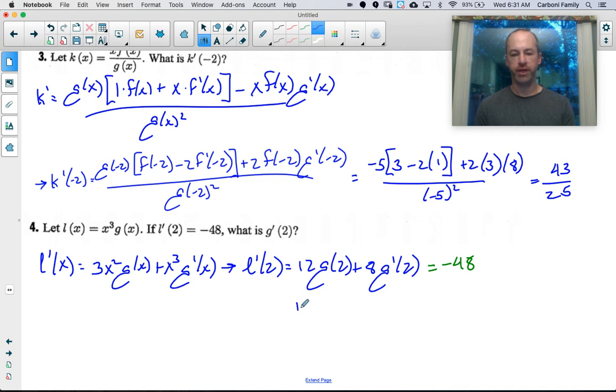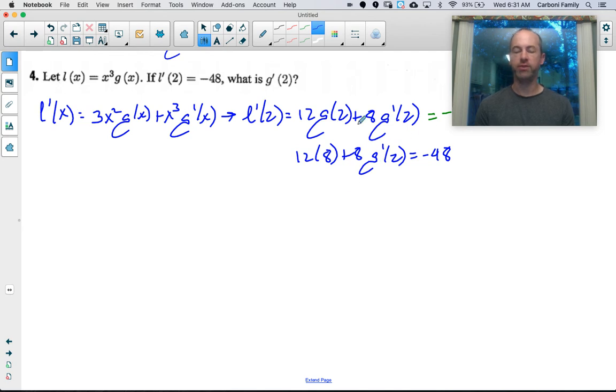So g of 2 is 8, so that's 12 times 8 plus 8 times g prime of 2 equals negative 48. And then this becomes algebra where we have to solve this equation. So 12 times 8 is 96 plus 8 g prime of 2 equals negative 48. Oh, 48 and 96 is 144.